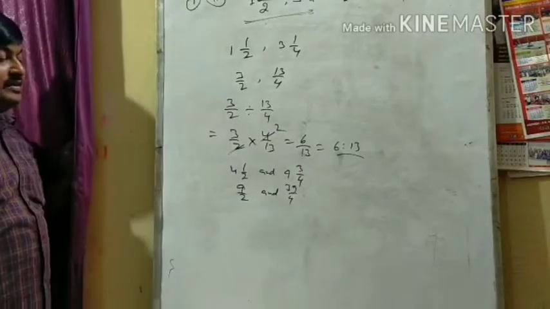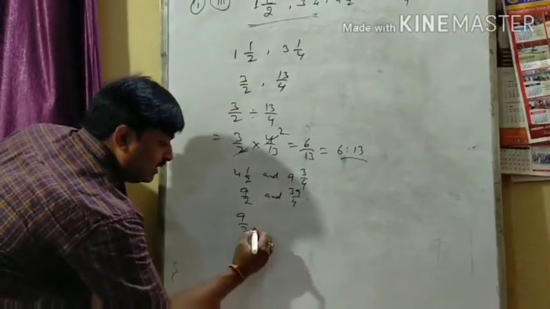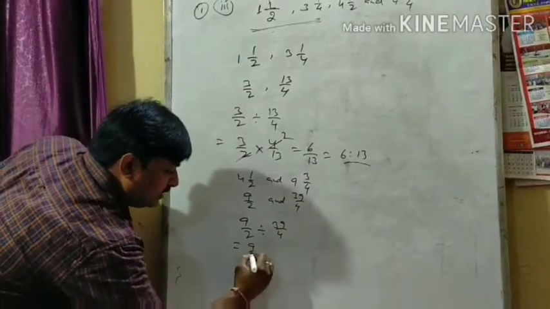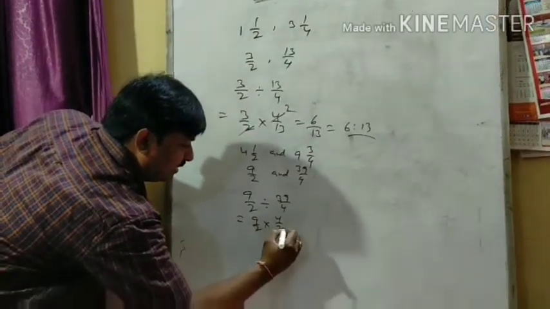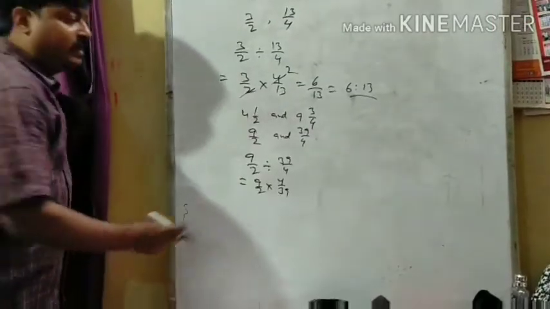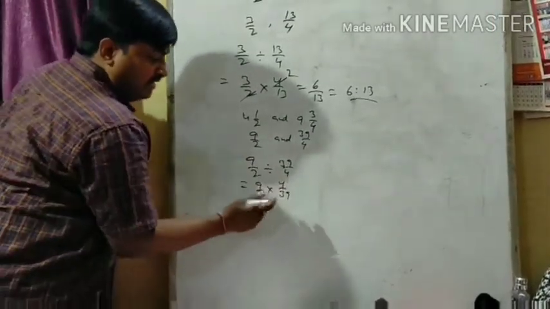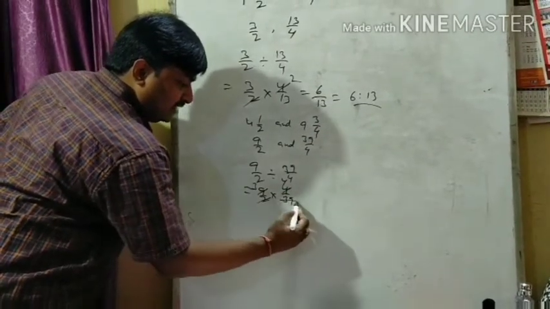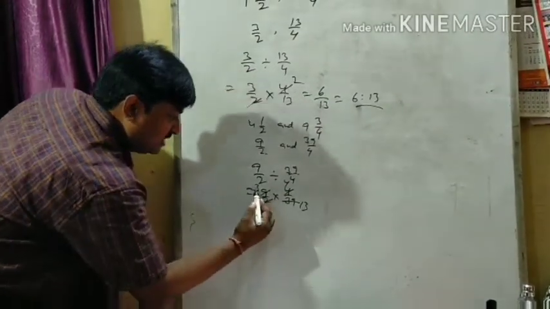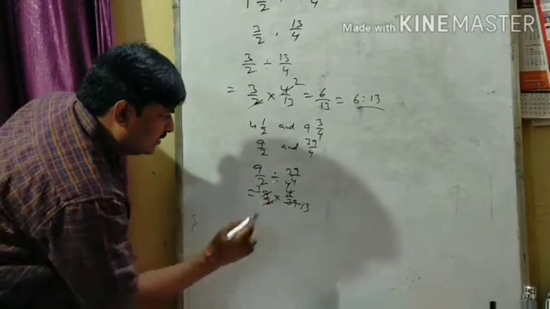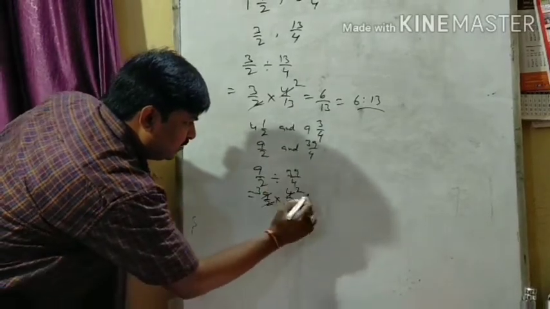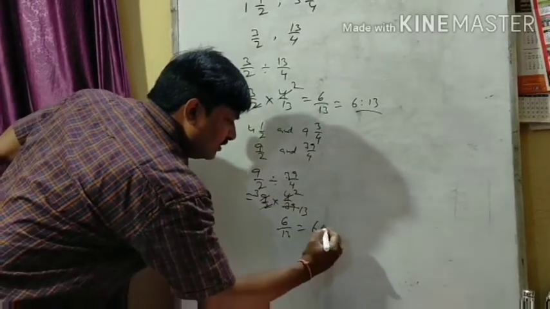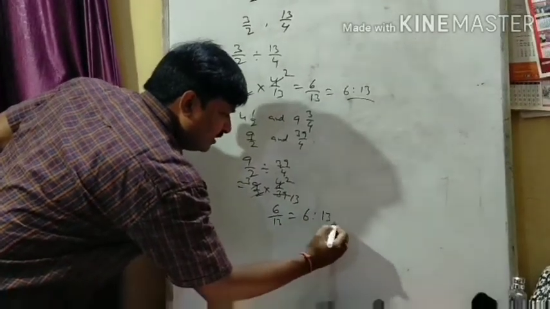Now find the ratio between these two quantities: 9 by 2 divided by 39 by 4, that is 9 by 2 into 4 by 39, taking the reciprocal. 2 2s are 4, 3 3s are 9, 3 13s are 39, 3 2s are 6 by 13 1s are 13. This is also equal to 6:13.